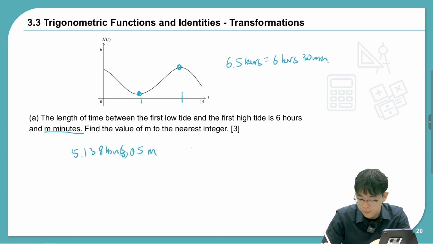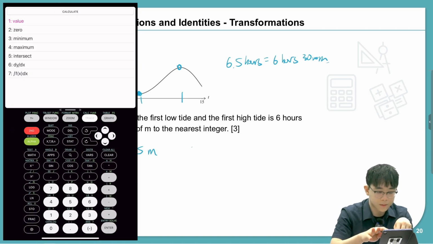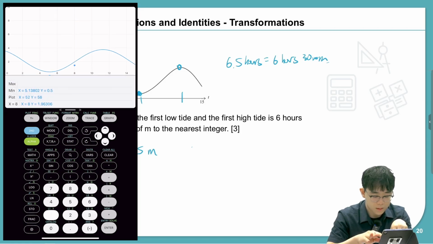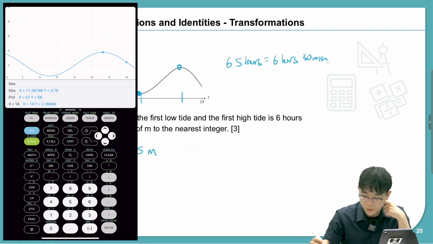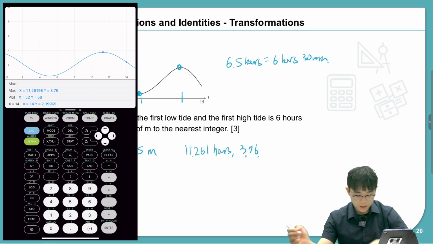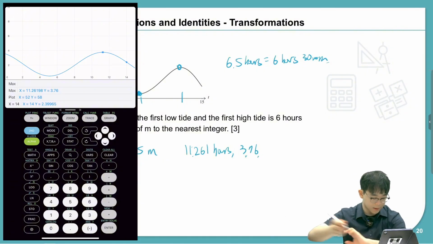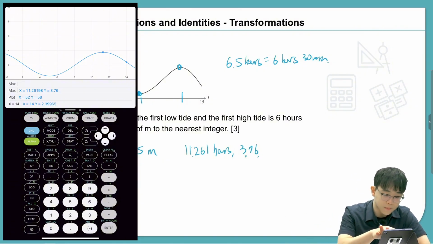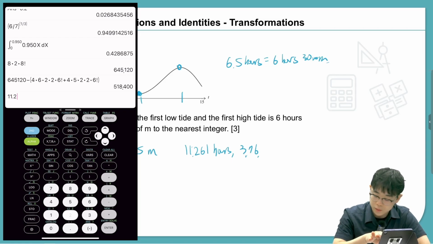And then our maximum is going to occur at 11.261 hours and 3.76. Okay. So if you want to find the time between that, we would just do 11.261 minus 5.138.